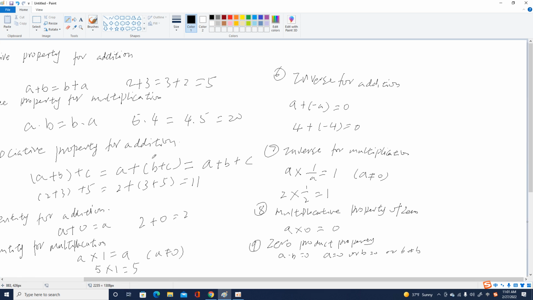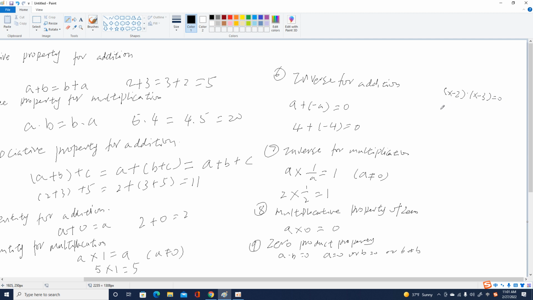For example, if we see an expression like this way, x minus 2 multiply x minus 3 equals 0.